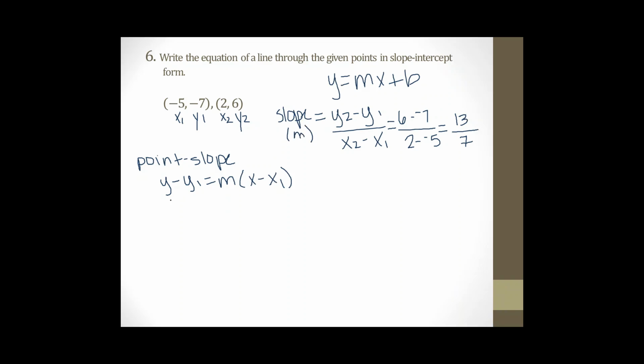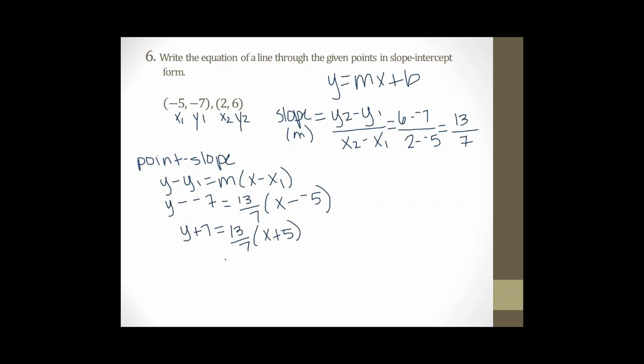So I'm going to plug in my x1, y1, and m. So y minus -7 equals 13 over 7 times x minus -5. So minus a negative becomes y plus 7 equals 13 over 7 times x plus 5.